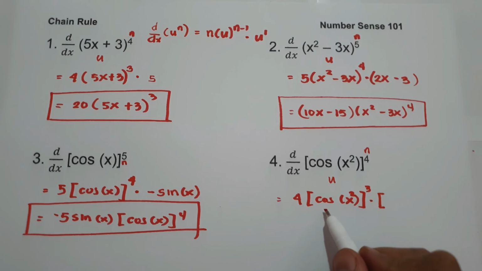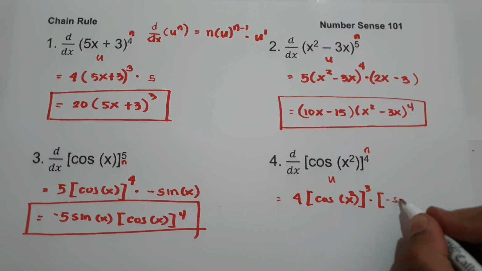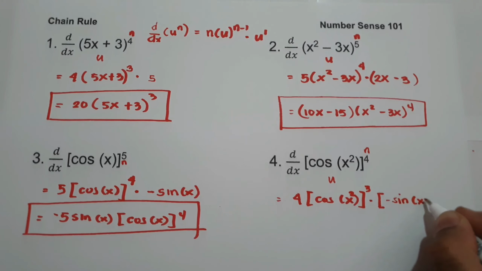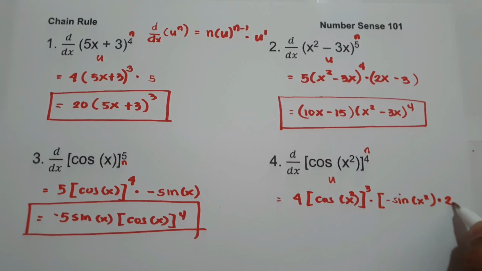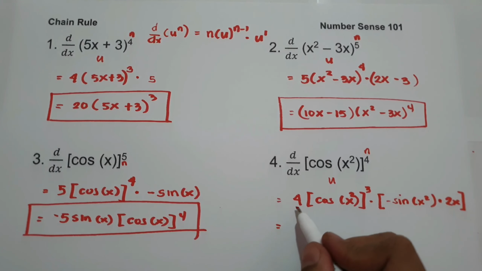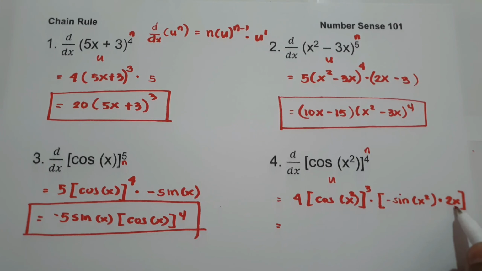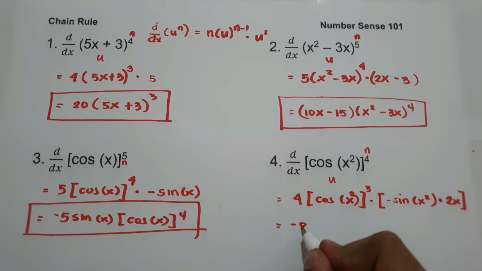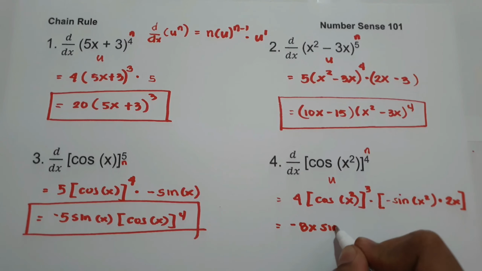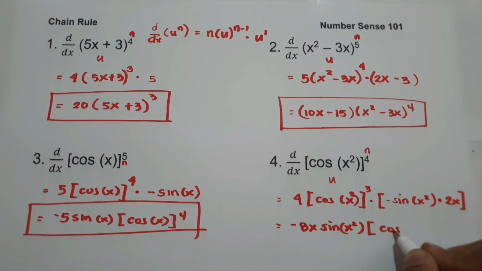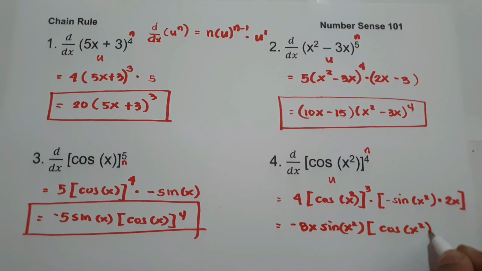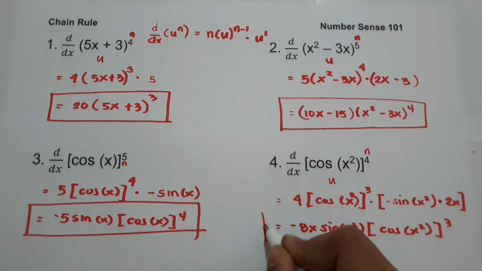So let us have the derivative of cosine, that is negative sine x squared, times the derivative of x squared, that is 2x. So to simplify, 4 multiplied by 2x, it will give us 8x times negative sine, that is negative 8x sine x squared times cosine x squared raised to 3. And this will be our answer.